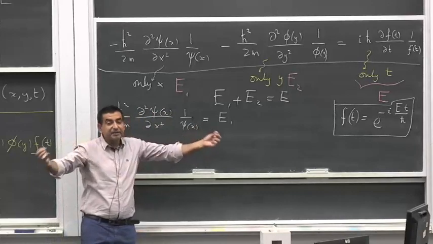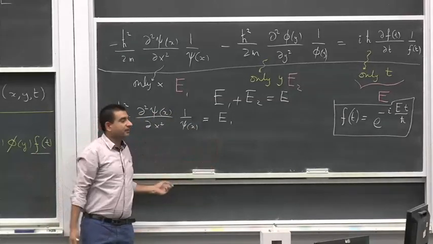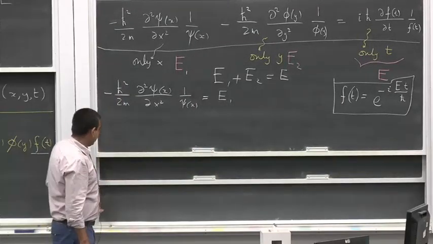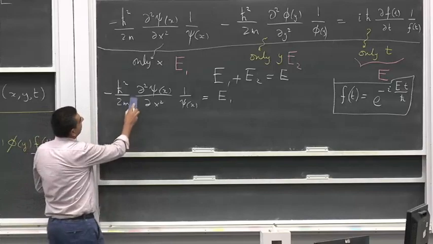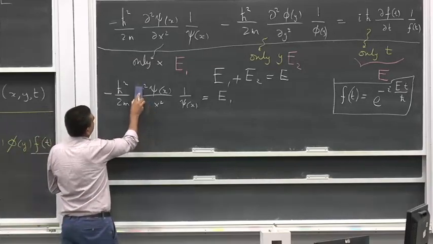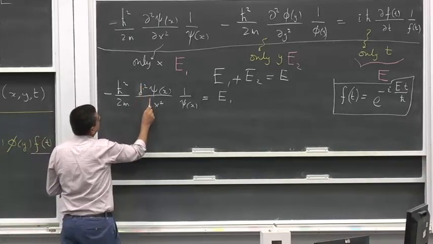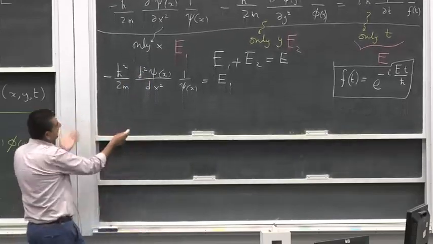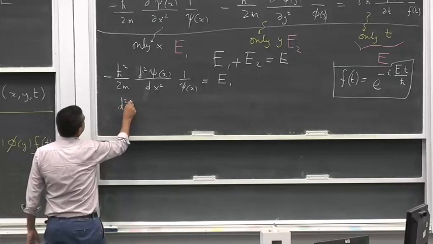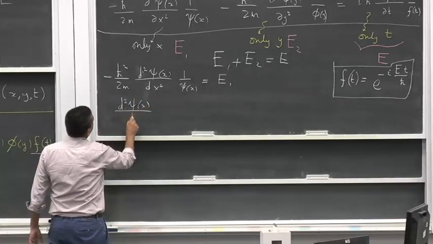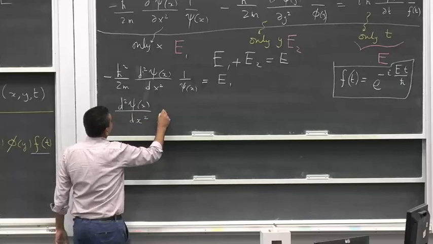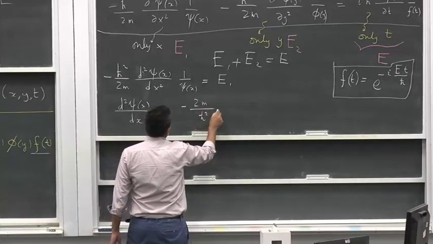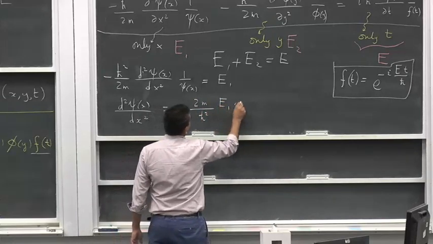It just is independent of x, as we just argued. So since the variation is only with respect to x, I can put a normal derivative here as well, d squared over dx squared. It doesn't make any difference. So if I were to do some manipulations now, I can write d squared psi over dx squared equals minus 2m over h bar squared E1 psi(x).